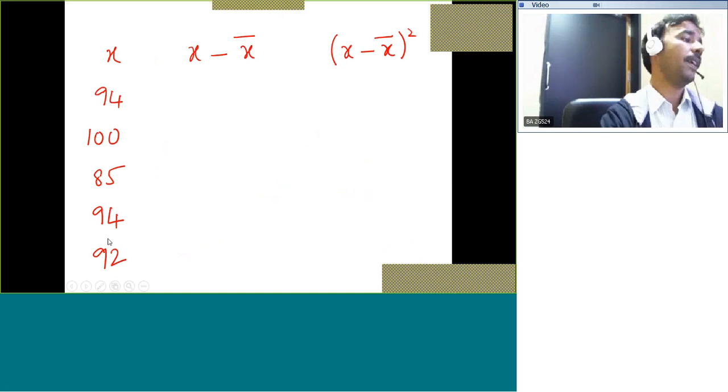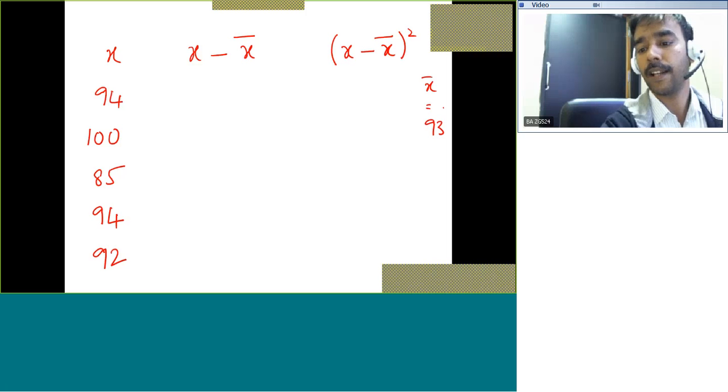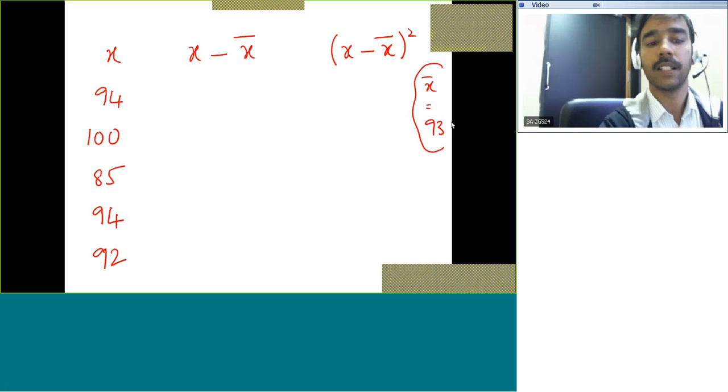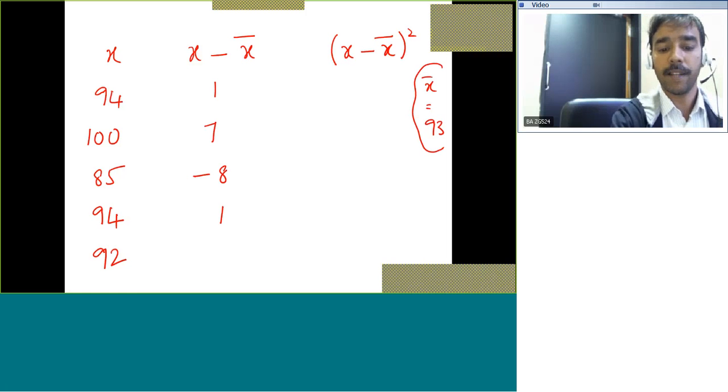If you subtract x bar, which you just calculated to be 93, so x minus x bar: 94 minus 93 is 1. This is 7. 85 minus 93 is minus 8. 94 minus 93 is 1. This is minus 1.